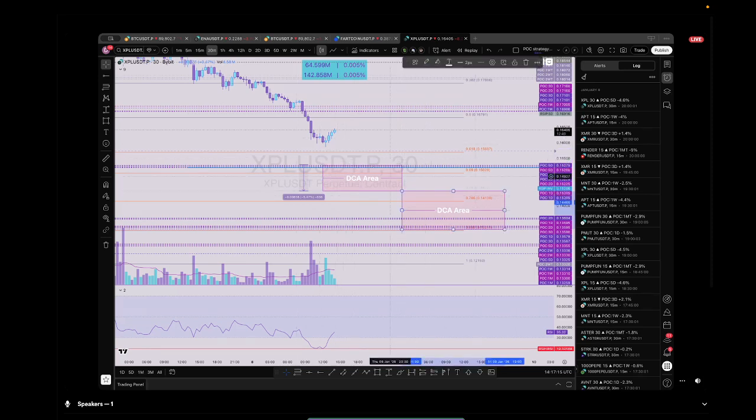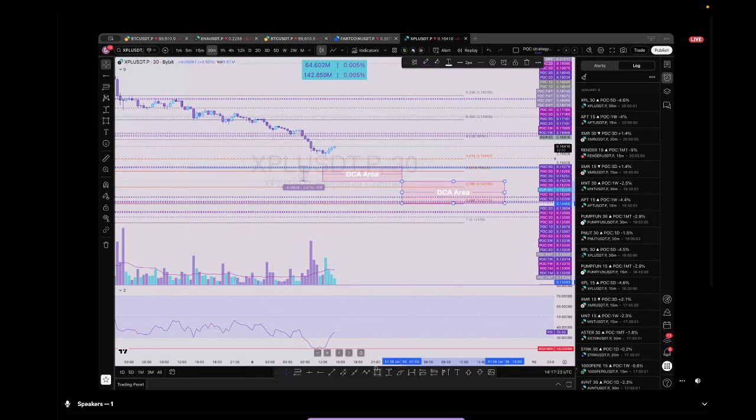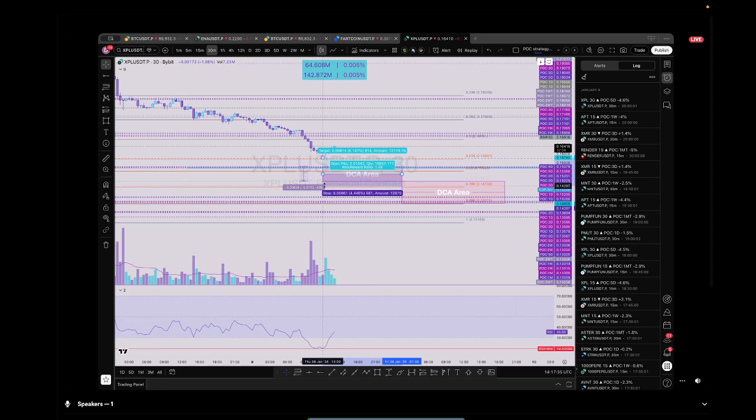I would say we have here in our golden pocket these two possible interesting zones. Always put the long tool; you can put it from the middle. That's your average entry if you get fully filled, and the stop loss can be just outside.